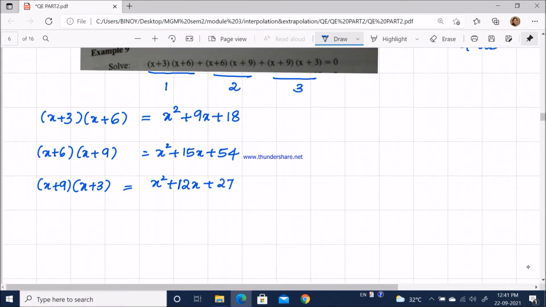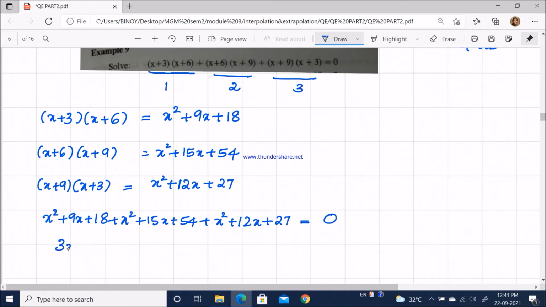Adding all these three, the equation will be x square plus 9x plus 18 plus x square plus 15x plus 54 plus x square plus 12x plus 27 equals 0. How many x square?